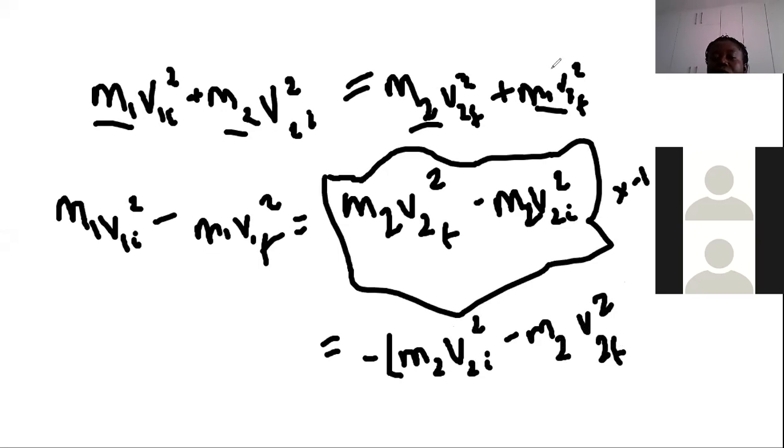So now we have an equation: m1 v1 initial squared minus m1 v1 final squared equals minus m2 v2 initial squared minus m2 v2 final squared.